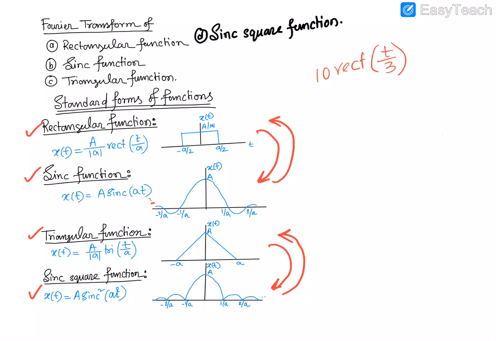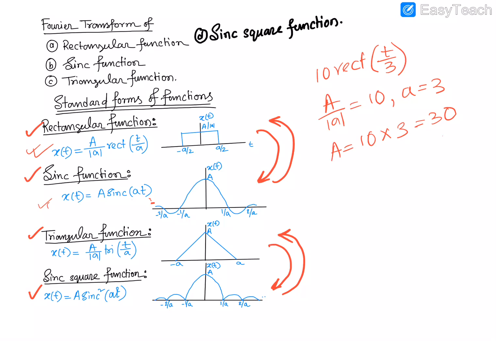If you compare this function with the standard function, you will get A by mod a equals to 10, and your small a is 3. So capital A equals to 10 into mod of small a, that is 3, that is equals to 30. So this is in time domain, the rectangular function.